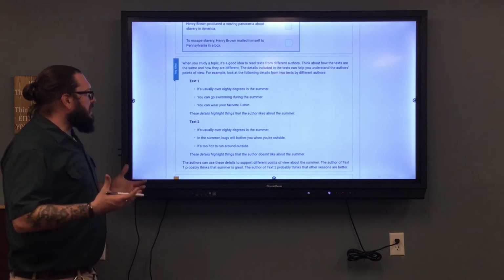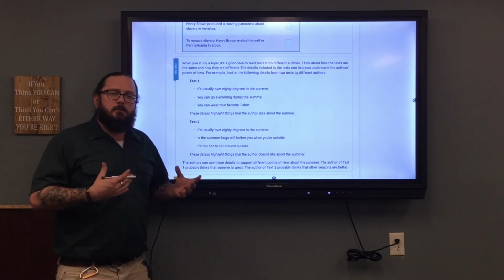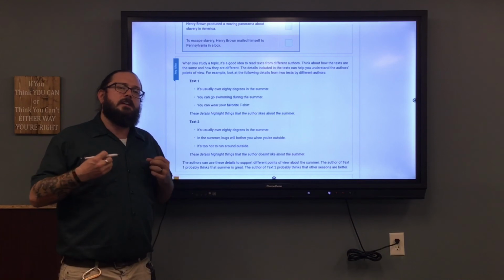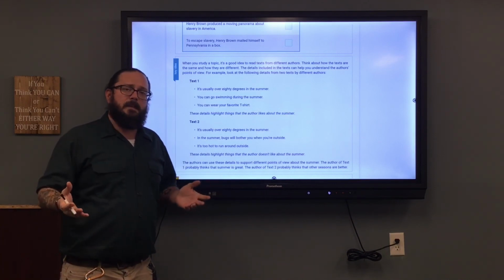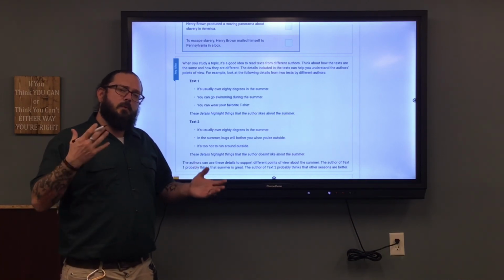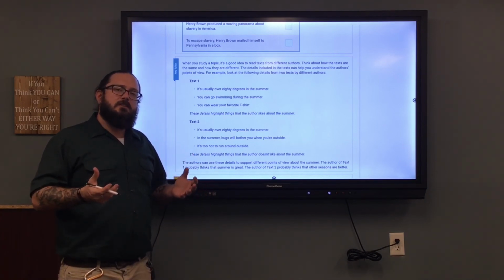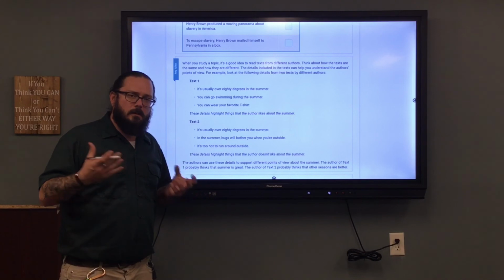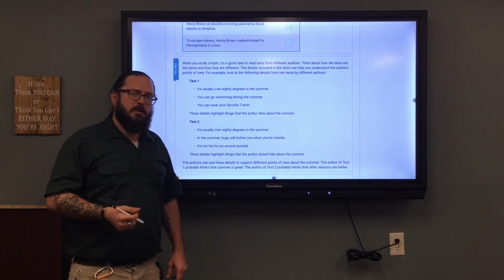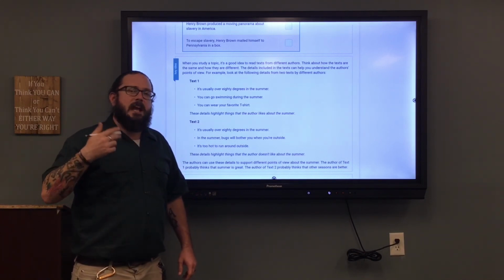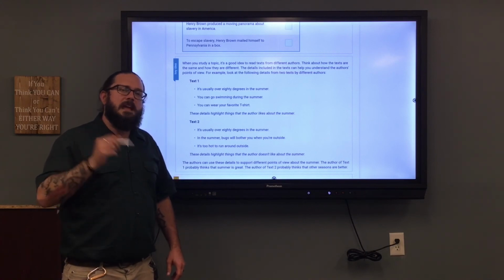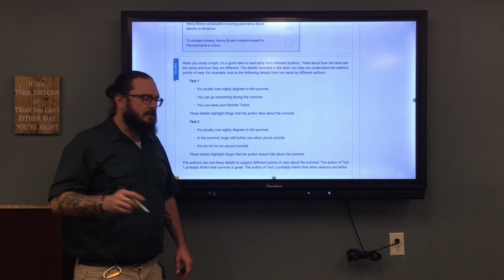So as you see, the authors are writing on the same topic. They're writing about the summer, but they have different viewpoints and opinions, and both will use evidence to support their particular viewpoints and opinions. As the reader, it is our responsibility to make the connections between the texts.